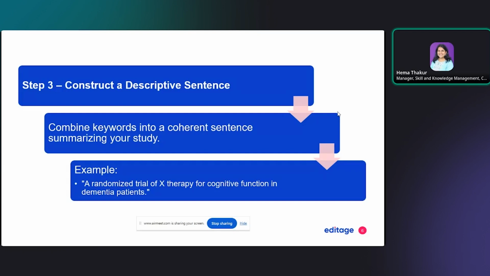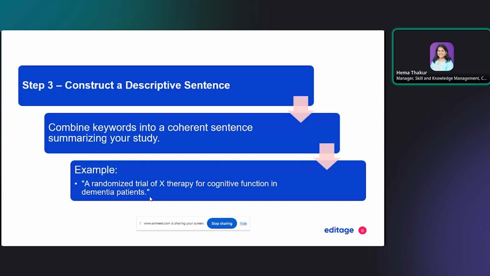So yes, I know the example is lengthy and it does not look good as a title, but don't worry, this is not your final draft. I've just strung them together. So I can say something like a randomized trial of X therapy for cognitive function in dementia patients. Okay, I have everything together, but we don't have a concise title yet.